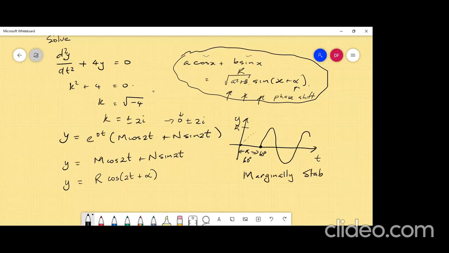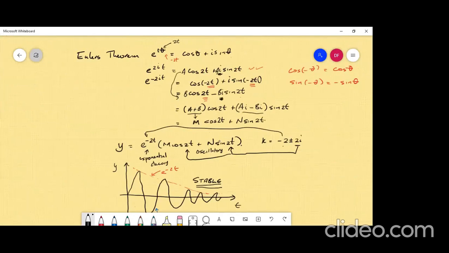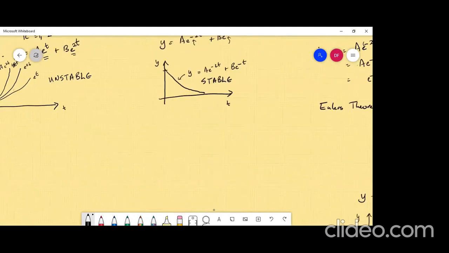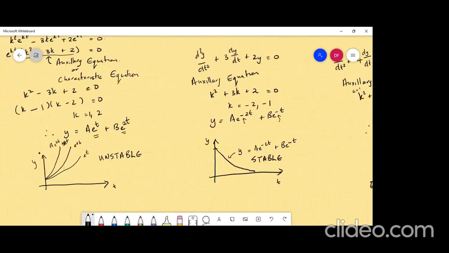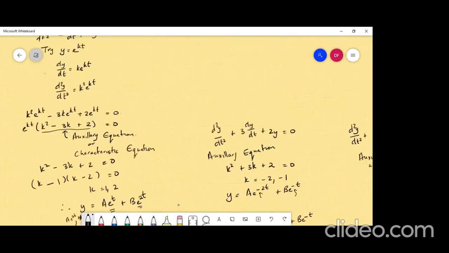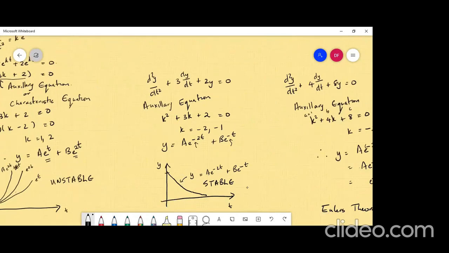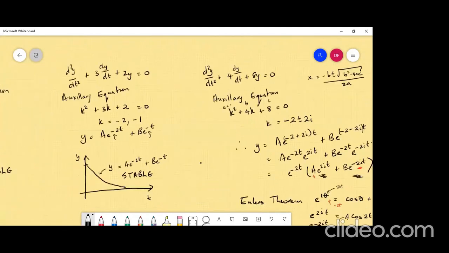All right, so we have enough evidence for a conviction now. We say that if it's going up, it's unstable. If it's going down, it's stable.